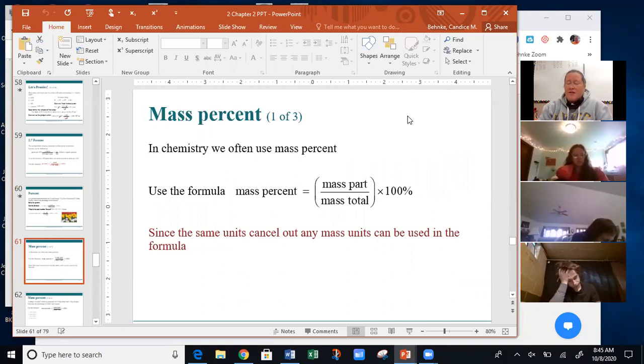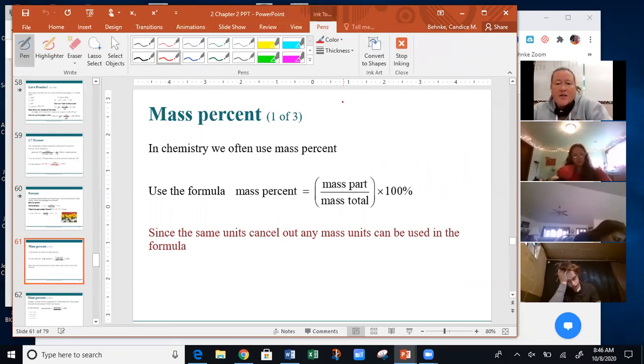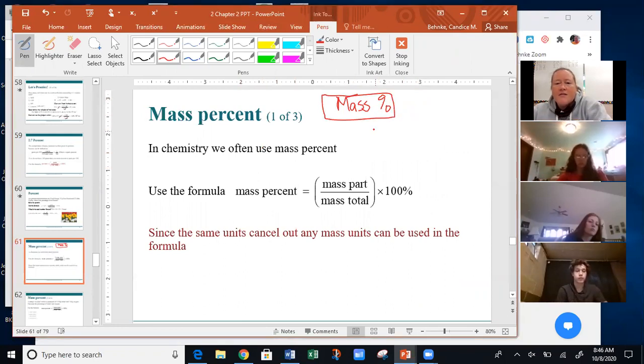So with mass percent, and this is where I am going to start writing some chemistry stuff, there are two ways to do calculations.